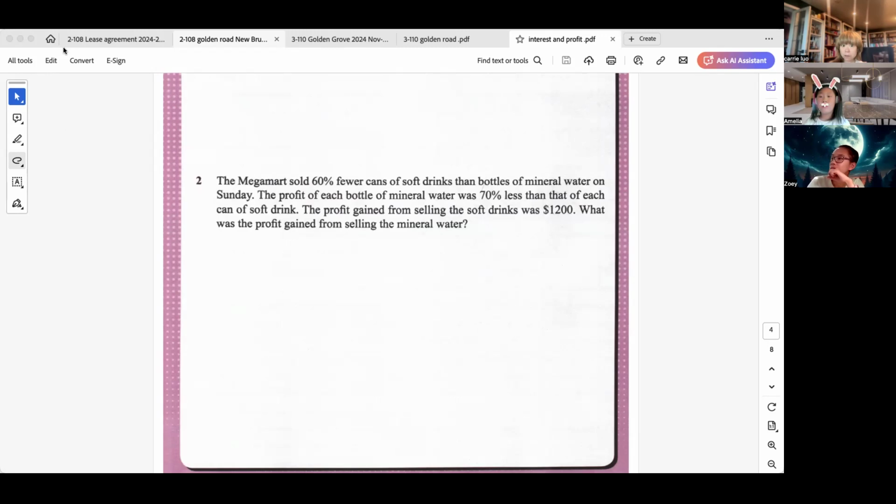The Mega Mart sold 60% fewer cans of soft drinks than bottles of mineral water on Sunday. The profit of each bottle of mineral water was 70% less than each can of soft drink. The profit gained from selling the soft drinks was 1,200. What was the profit gained from selling the mineral water?